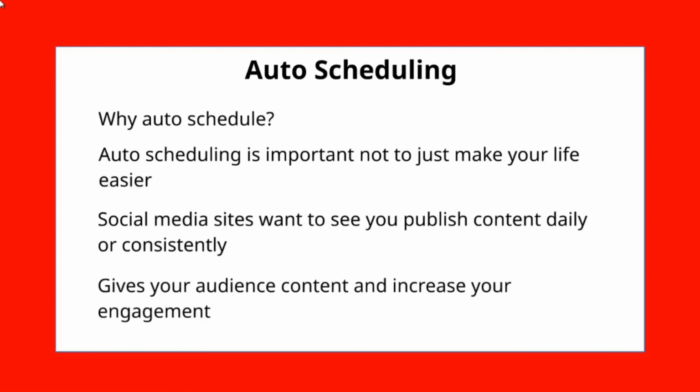So what ends up happening is it's a win-win situation. You're winning by saving a lot of time on your end, and in addition to that, you are also giving your audience content, increasing your engagement, and thereby the social media sites will see that and their algorithm will kick in and get you better rankings. So, what kind of tools can you use? Well, let's talk about that right now.